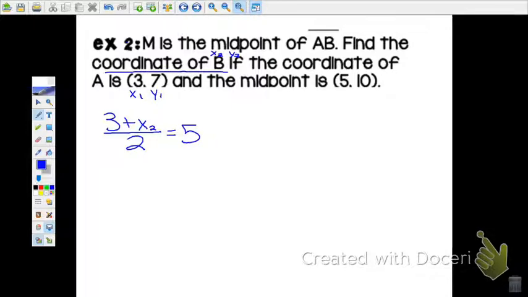Multiply by 5? No, not multiply by 5. Multiply by 2. So 3 plus x sub 2 equals 10. Then I'm going to subtract 3 from both sides. So x sub 2 is equal to 7. I found the x part of the coordinate.